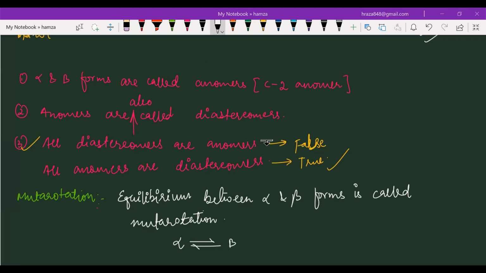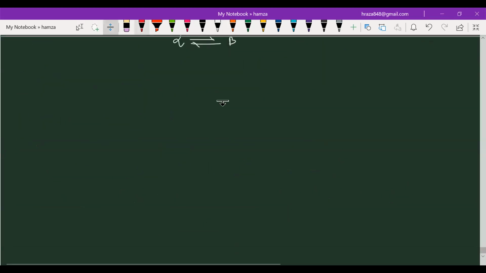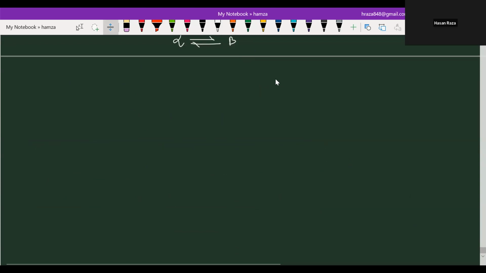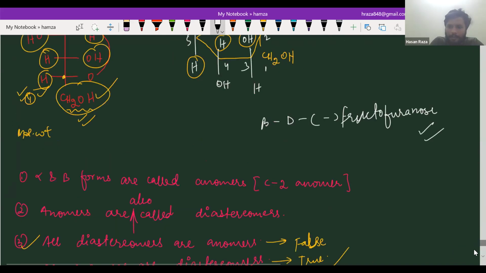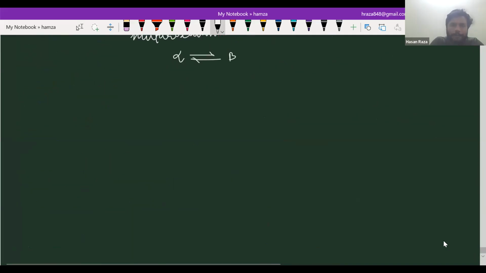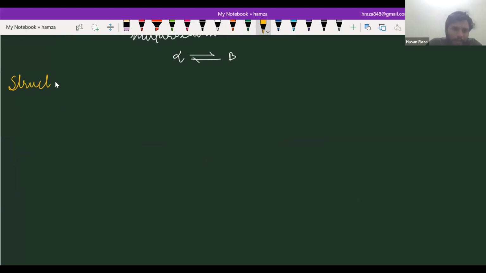Okay, thank you. Now we are going to see the structure of sucrose. So sucrose has a chemical formula C12H22O11.